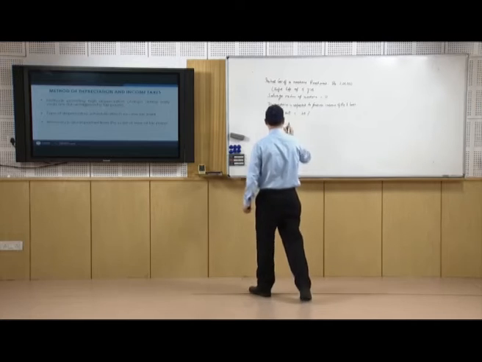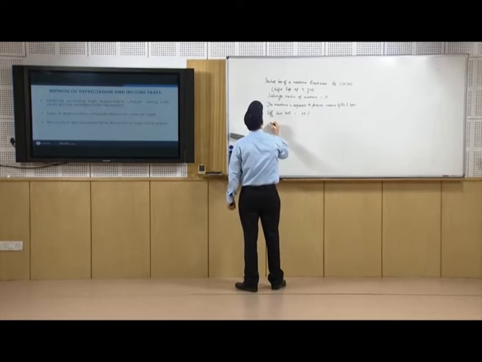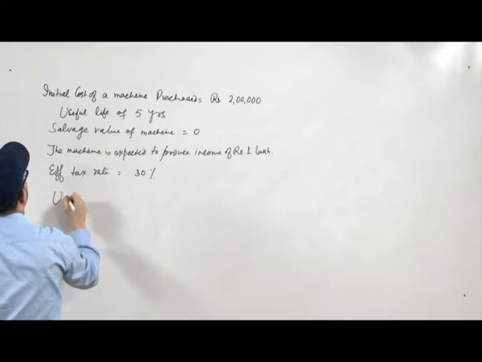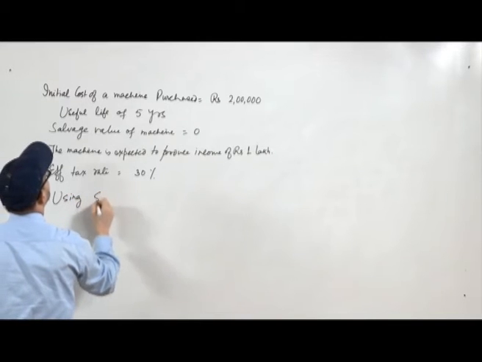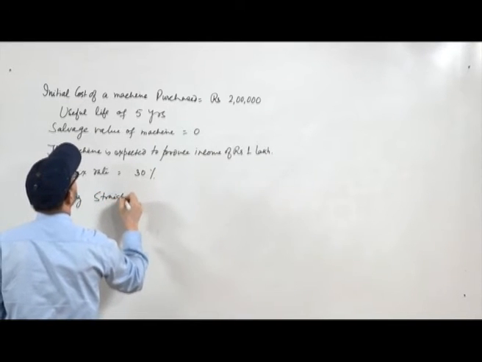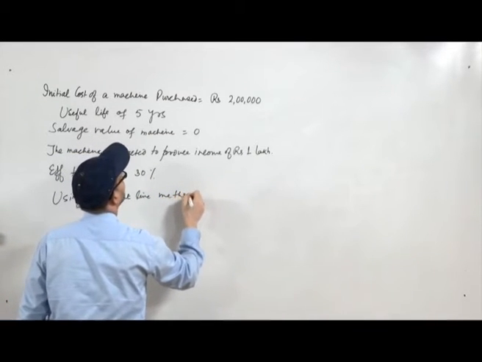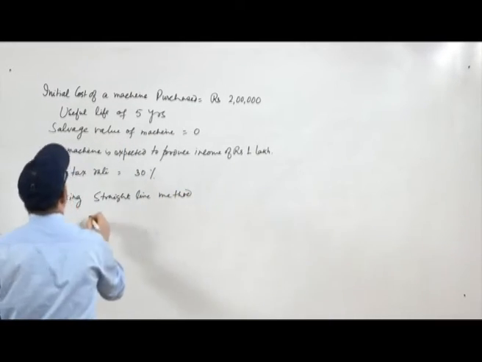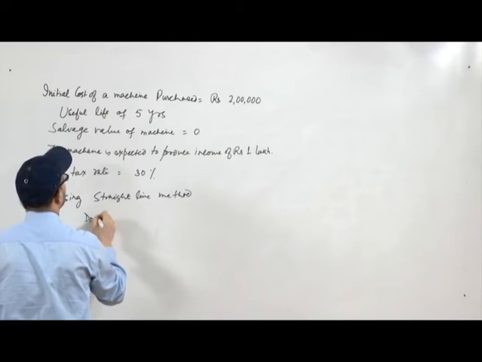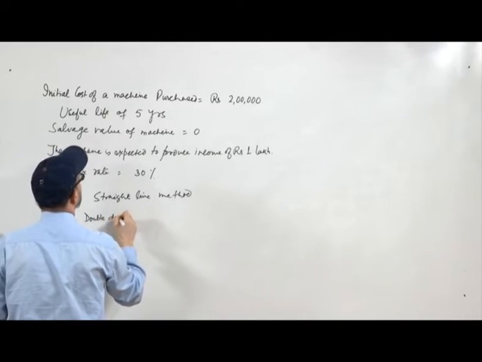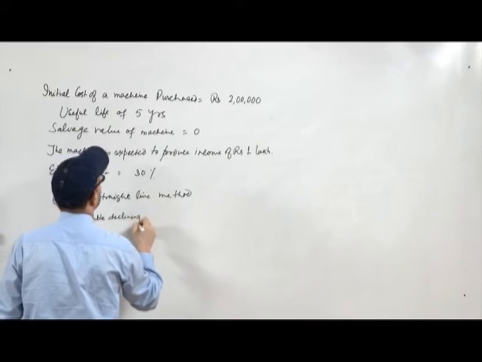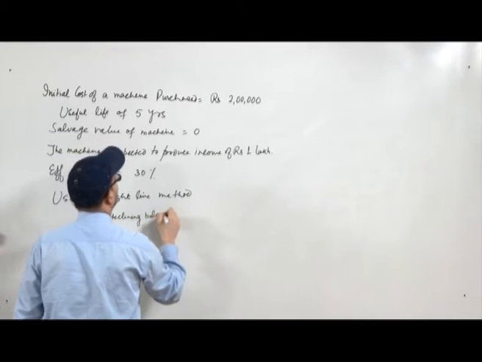So, let us say we are taking two depreciation schedules: using the straight line method, and another is the accelerated method, that is double declining balance switching to straight line.